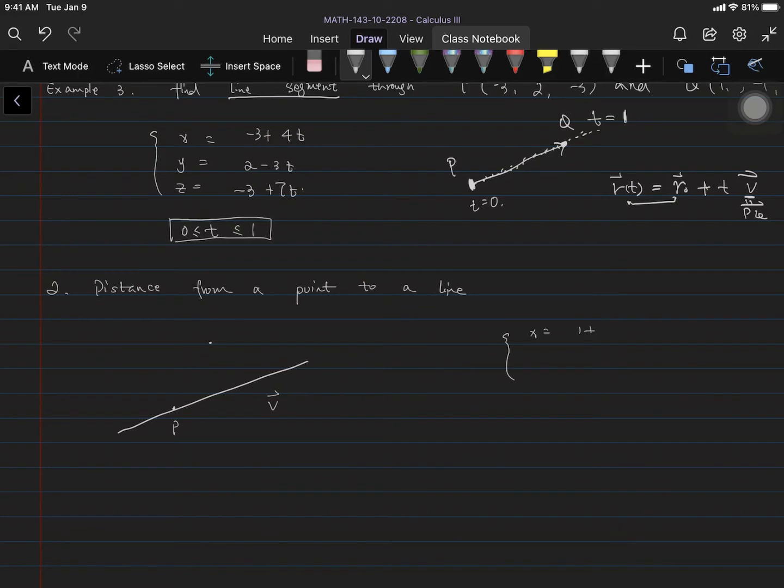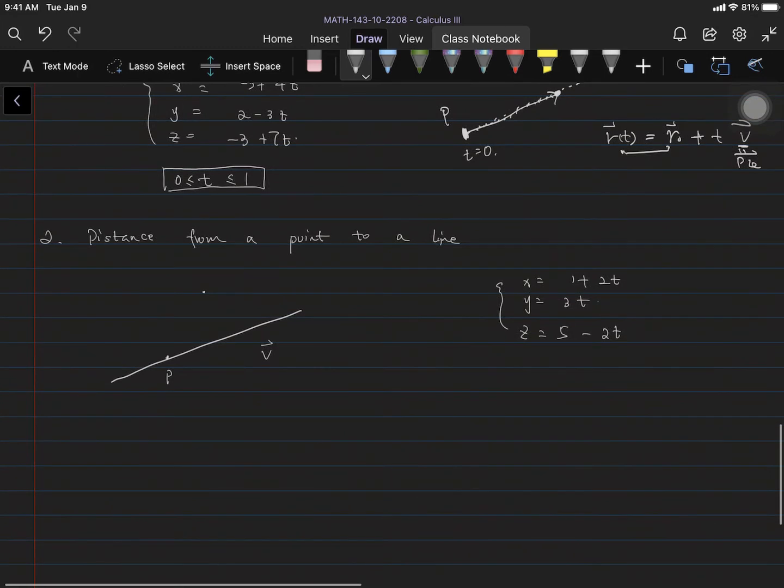For example, if our line is given by that one, 5 minus 2t, we can tell this line passes through the point 1, 0, 5, right? And with the direction 2, 3, negative 2. So for a given line, we know the point and we know the direction.